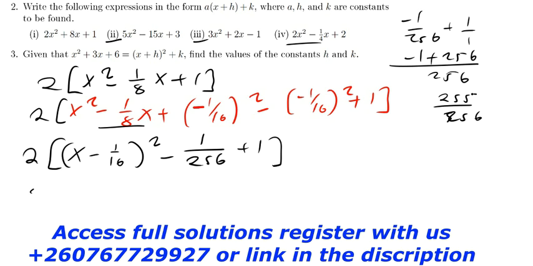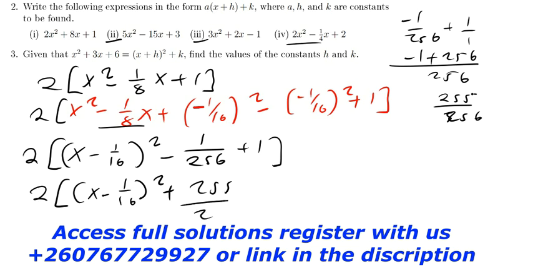So we'll have 2x minus 1 over 16, then this has to be squared, plus 255 divided by 256. Now I can open the bracket. Now opening the bracket, there is a deal here.